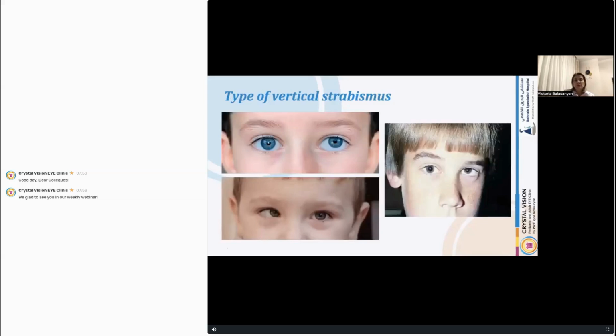Understanding the type of strabismus is important primarily for planning treatment strategies. Therefore, in the context of this presentation, we will present several clinical cases for clarity.